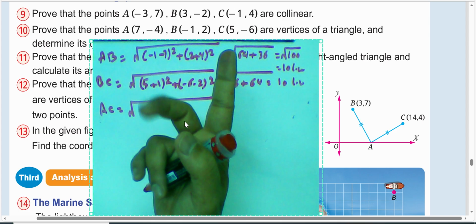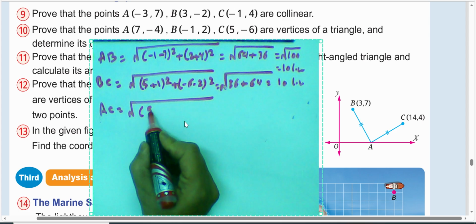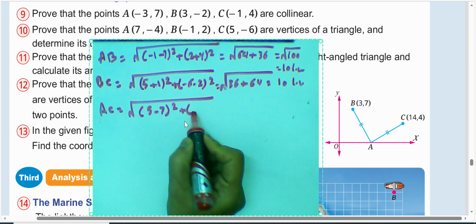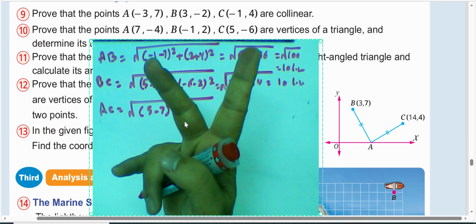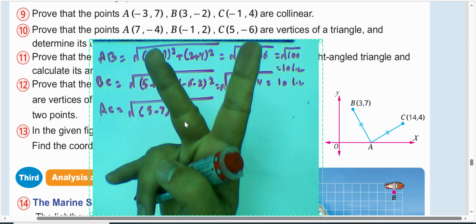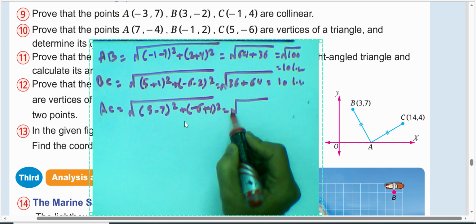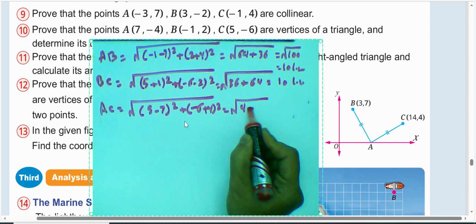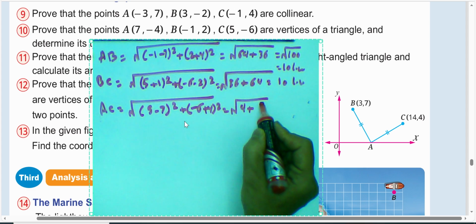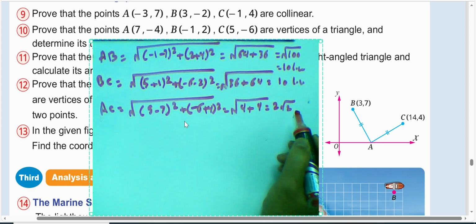A and C here, we write 5 minus 7, squared, and -6 minus -4, which is -6 plus 4, all to the power 2. 5 minus 7 is -2, squared is 4. And -6 plus 4 is -2, squared is 4. The result will be the square root of 8, which is 2 root 2.